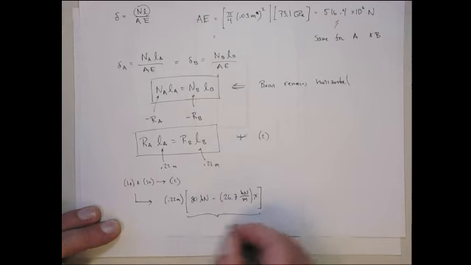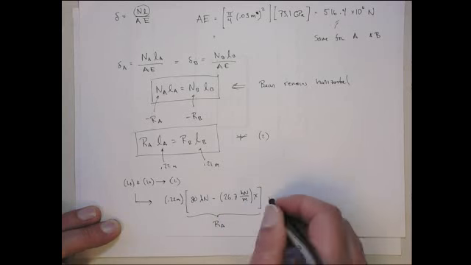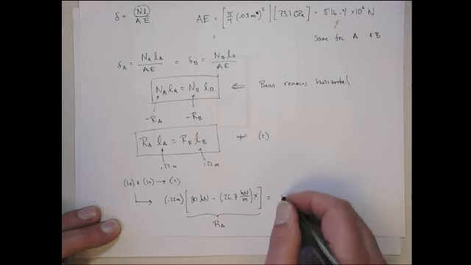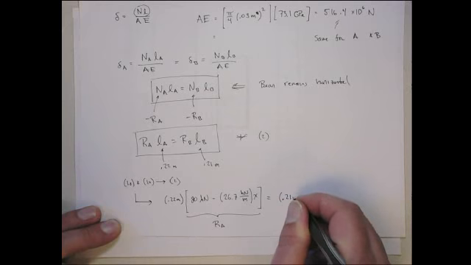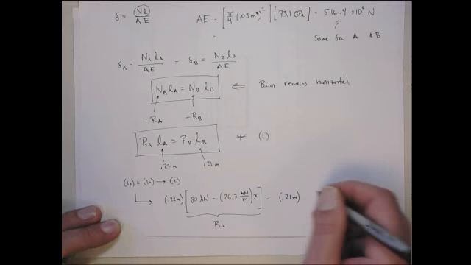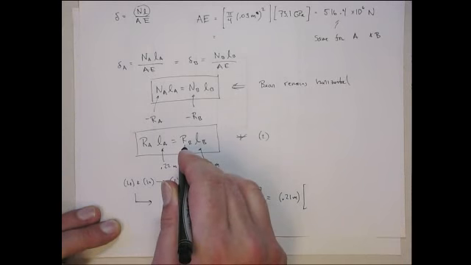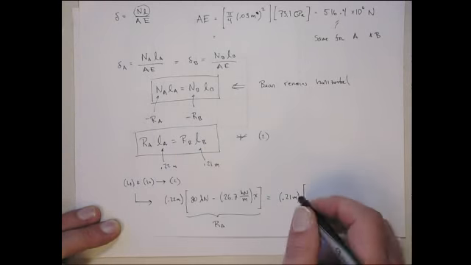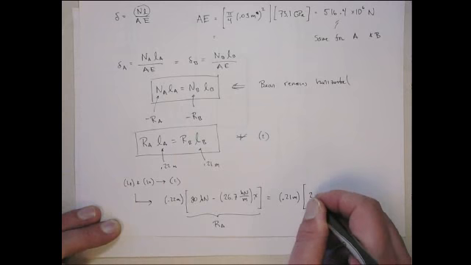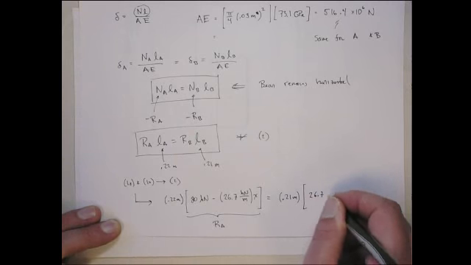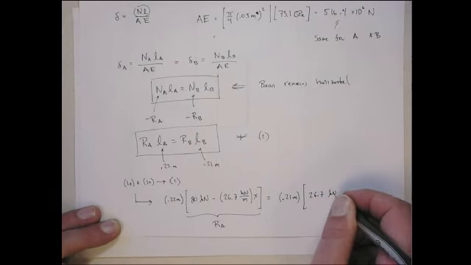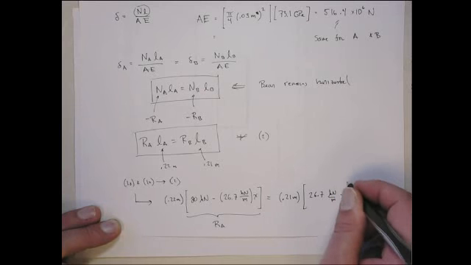That has to equal 0.21 meters times RB, and from before RB is 26.7 kilonewton meters times x.